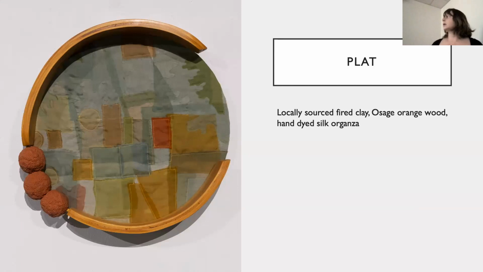And then looking back again in history, this piece called Plat, which refers to plot or zoning. A plat is a term used to talk about land being platted out or plotted out. And with this piece, the ceramic is Osage orange, so it was a mold taken from hedge apples, and then the wood itself is also Osage orange. In this piece, I'm really thinking about the history of settler colonialism and how land was divided, and how the Osage orange was part of that history, maybe unwillingly so.